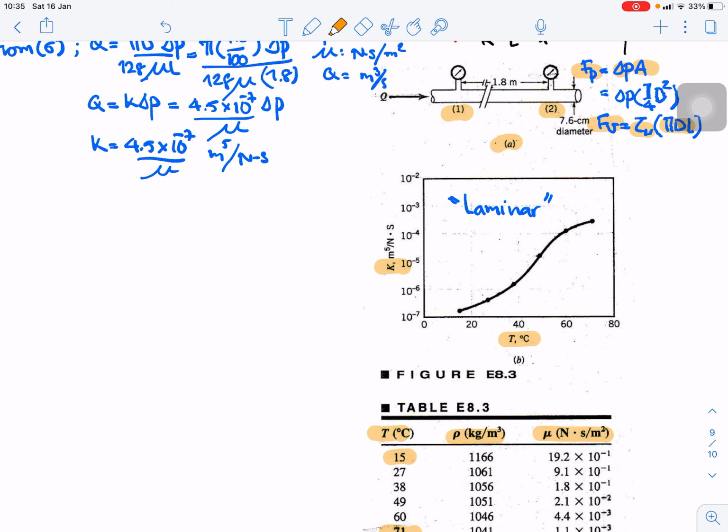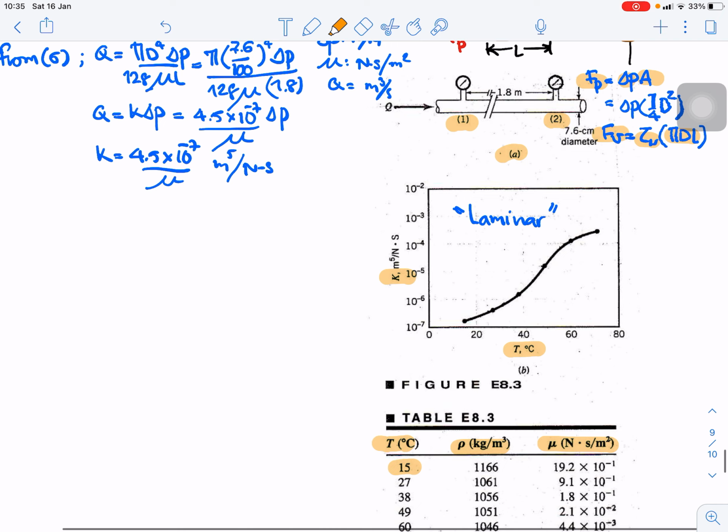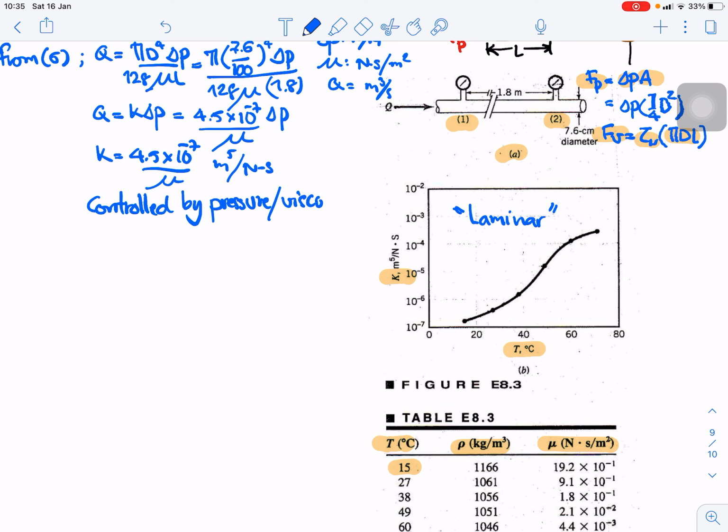Based on this equation, we can see that the flow is controlled by pressure and viscosity.